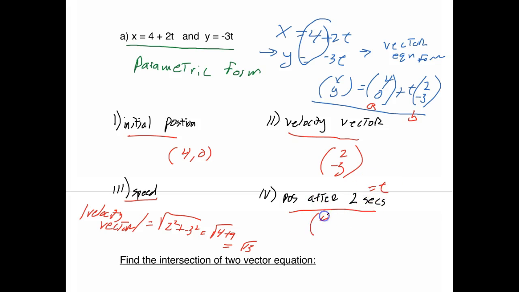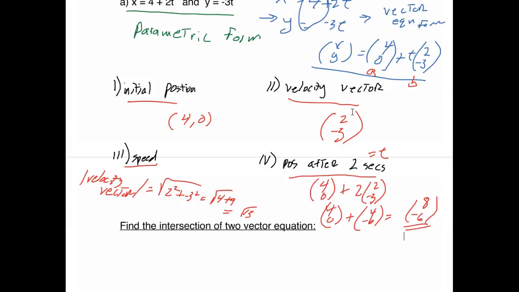So it'll be 4, 0 plus 2 times 2, negative 3. Distribute that 2 to both of them. And you get like that. Add them up. 8, negative 6. So that's how you do this if it's given to you in parametric form. First write it in vector form, and then good to go.